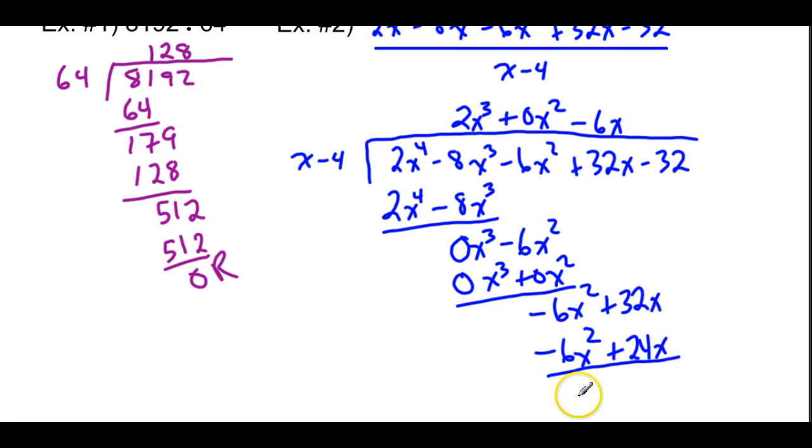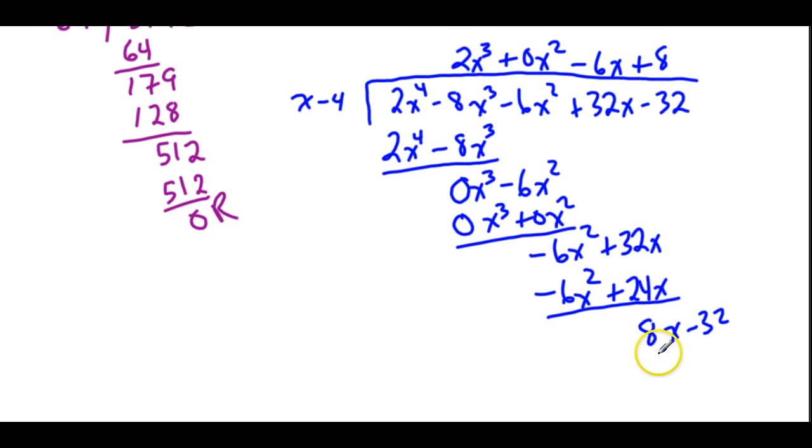Subtract one more time, 0 here. 32x minus 24x is 8x. The last 32 comes down, and we have plus 8 on the end here. 8x minus 32, subtract, 0 remainder.